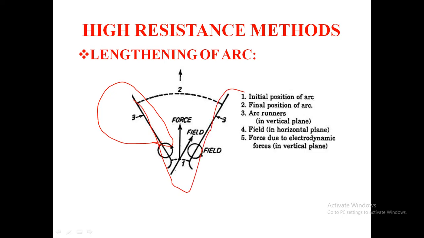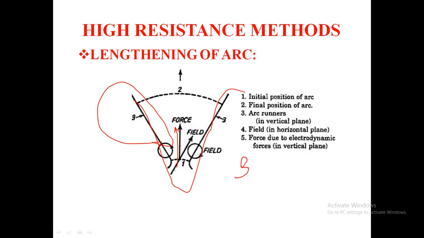The arc is initiated at the bottom and blows upward due to the electromagnetic force. Due to this, a force will be obtained, the length will increase, and consequently the arc is extinguished.